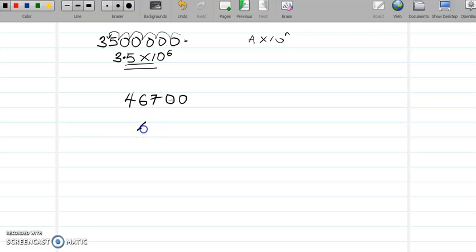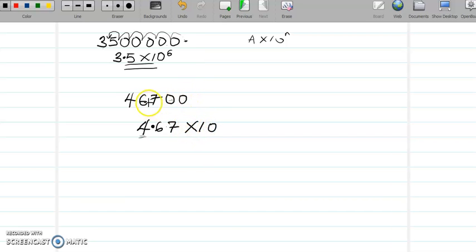I will have this to be 467. So where will I place my decimal point? I can't place it here, because if I place it here, it will be 46, which is greater than 10. So I will place my point here, which is 4. The 4 will be a number between 1 and 10.